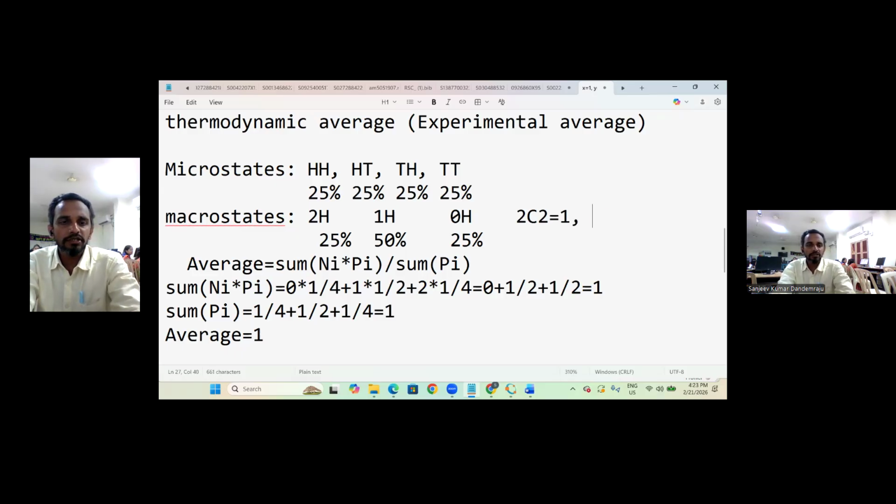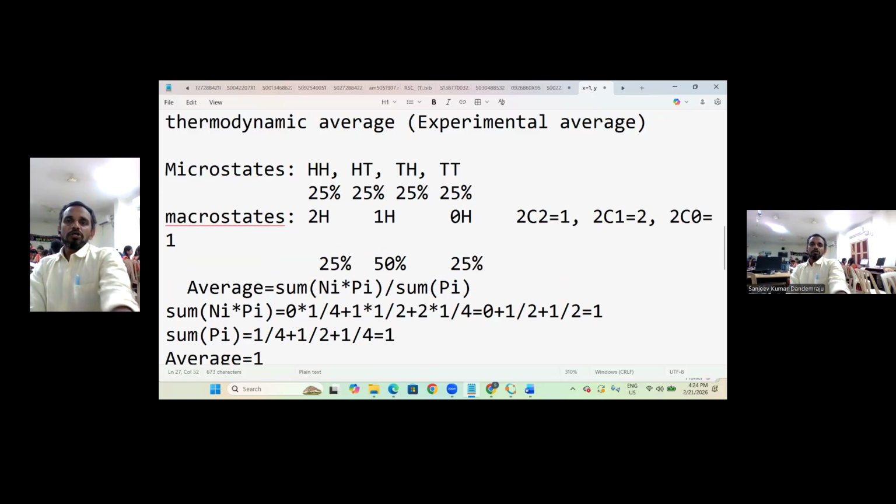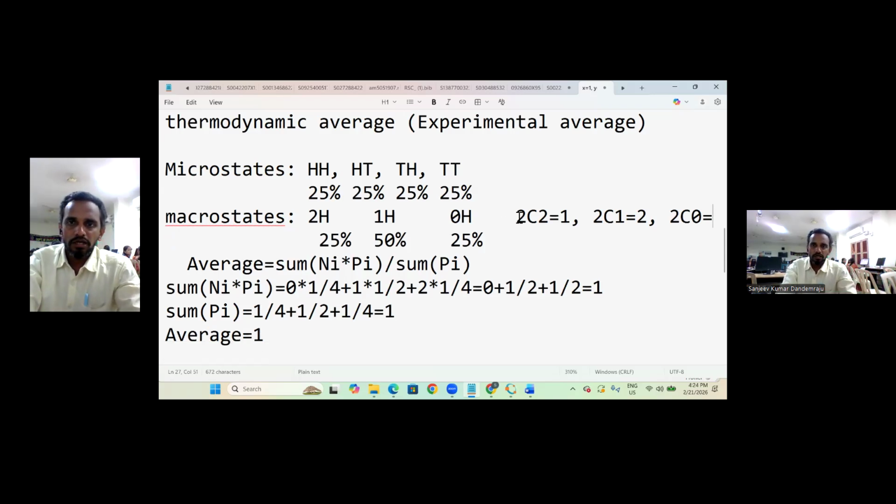And 2C1 is 2, 2C0 is 1. So these are actually binomial distributions.